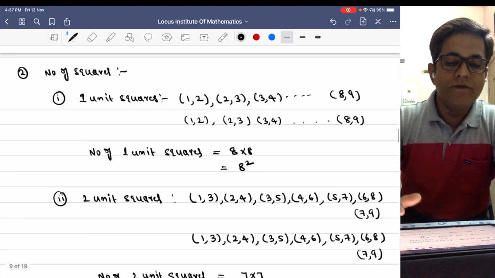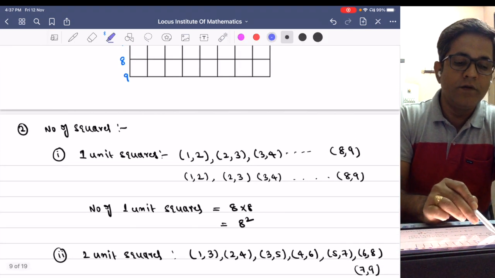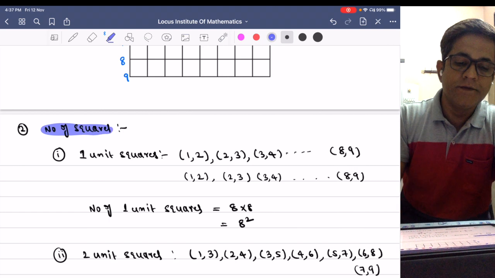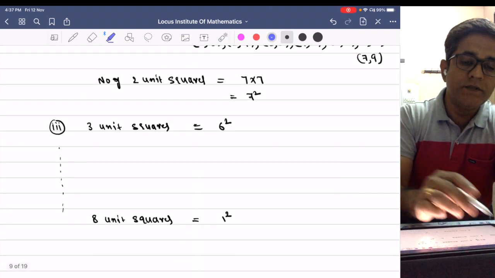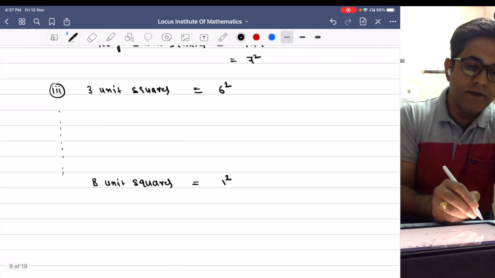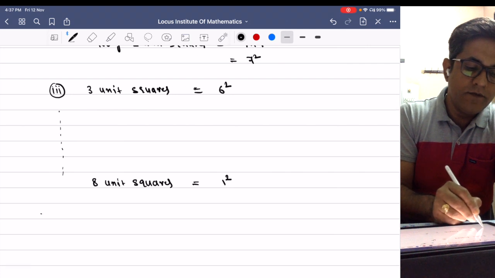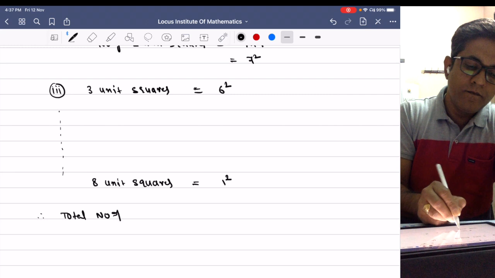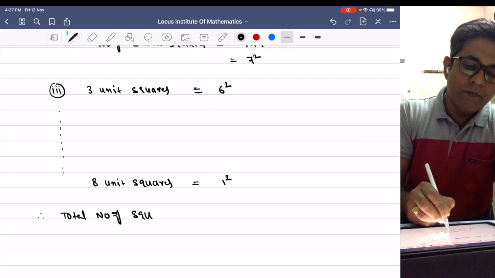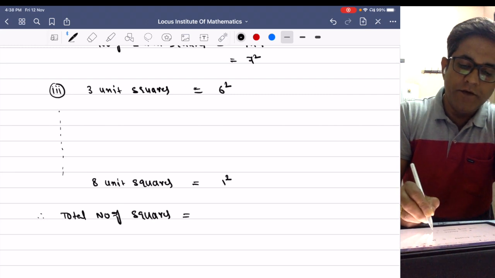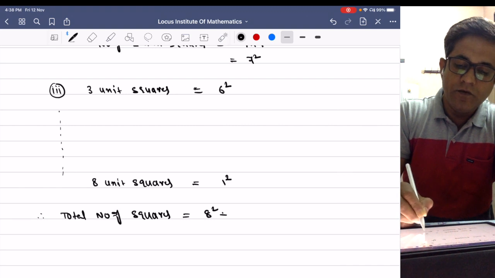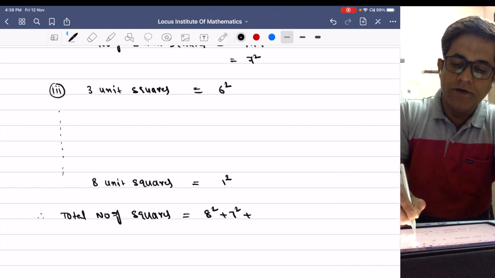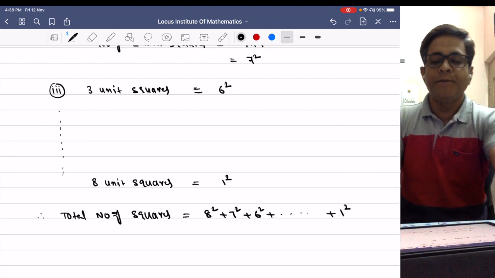So the total number of squares we need to count: if you add all these cases, the total number of squares is equal to 1 unit squares 8 squared, 2 unit squares 7 squared, 3 unit squares 6 squared, etc. 8 unit square, that is the chessboard itself, that is 1 squared, that is 1.